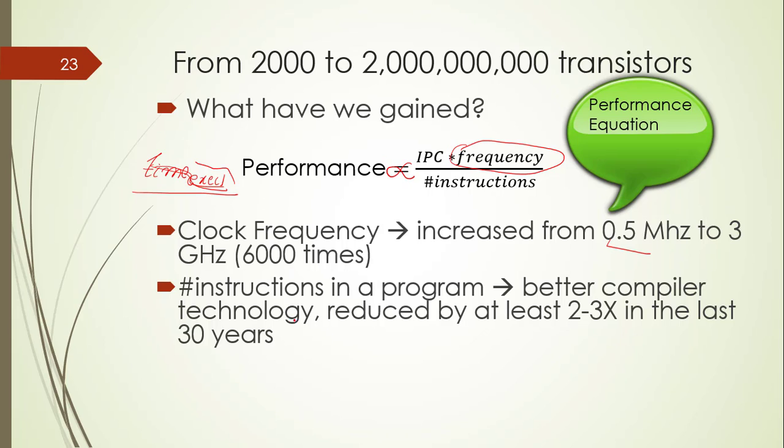Better compiler technology has reduced the number of instructions by at least 2 to 3 times. As you can see, the performance is inversely proportional to the number of instructions. Fewer the number of instructions, higher the performance. So better compilers do produce more efficient machine code.